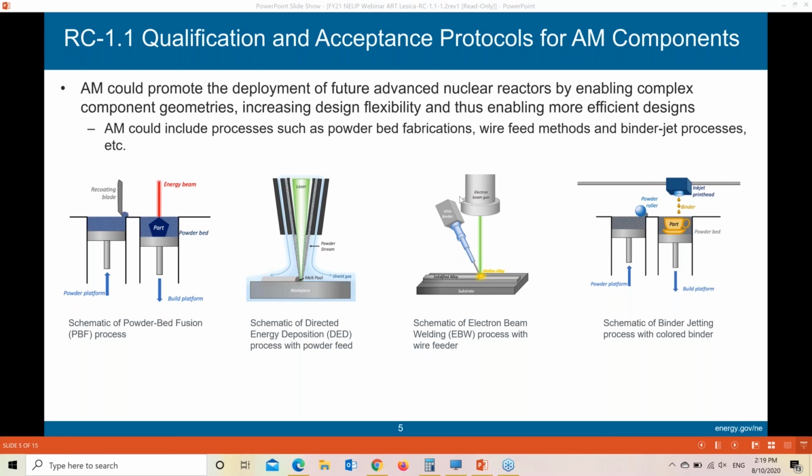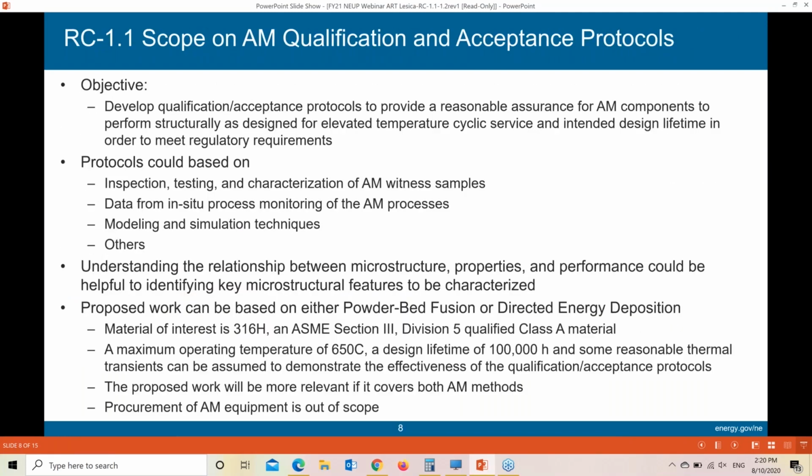Therefore, the question is whether we have the ability to have a qualification and acceptance protocol to look at the as-printed components, and have confidence that the protocols can screen out bad components that, for various reasons, won't perform as the designers designed them to function.